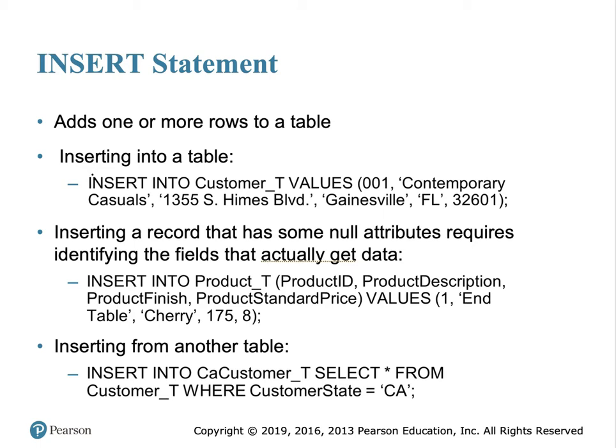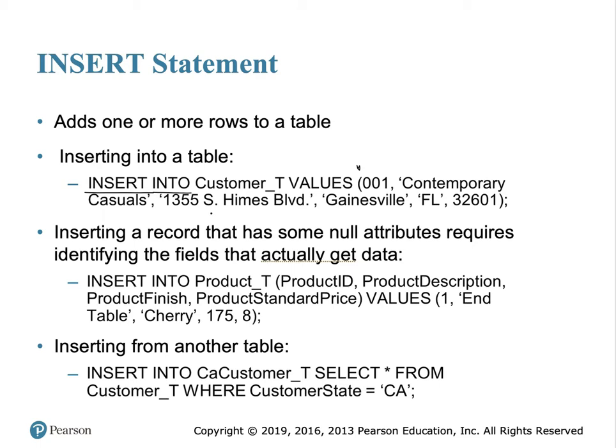So if that is the situation, then this is a valid syntax where you simply use the keyword INSERT INTO, and then you specify the name of the table. You have a parentheses here, and then you have a list of values. And this list of values has to correspond, the order of these values has to correspond to the order of columns in your table.